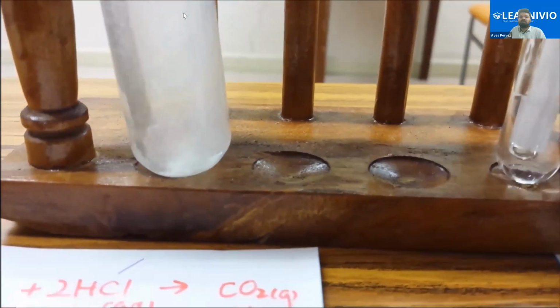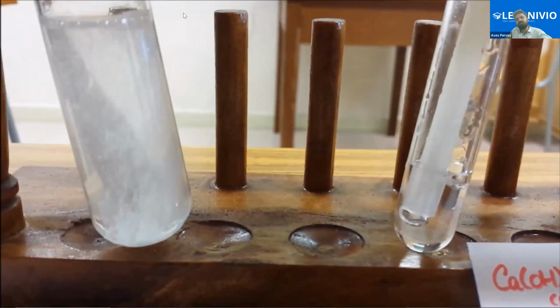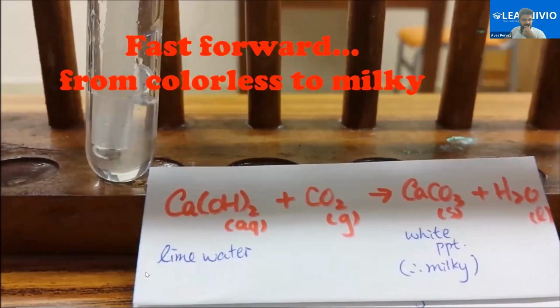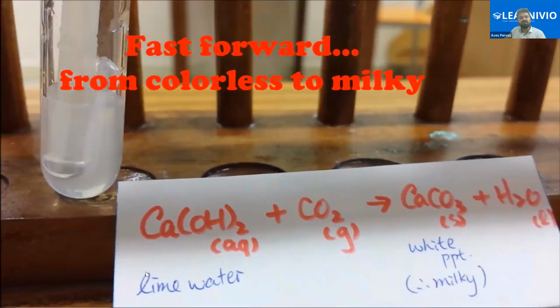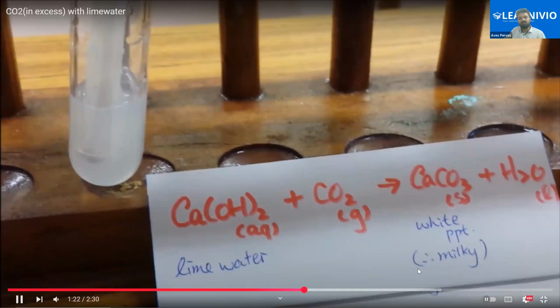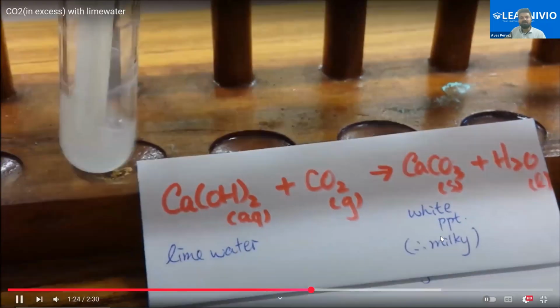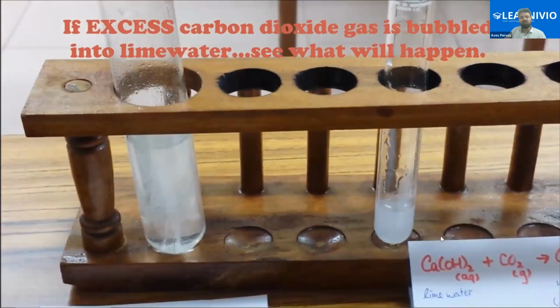So now this carbon dioxide is being passed through lime water, and lime water will start turning milky due to the formation of calcium carbonate. This lime water is turning milky just because of the formation of calcium carbonate. But when you keep on adding CO2, if excess of CO2 is passed into lime water, see what happens.